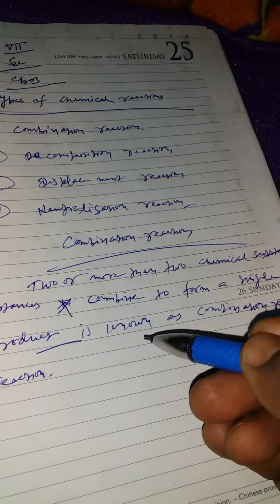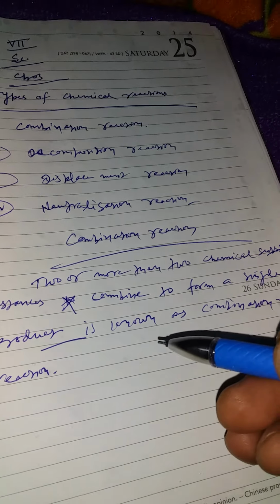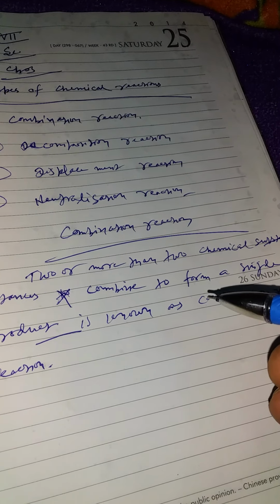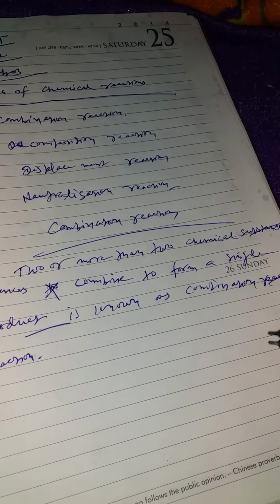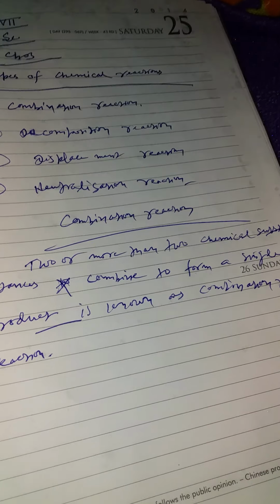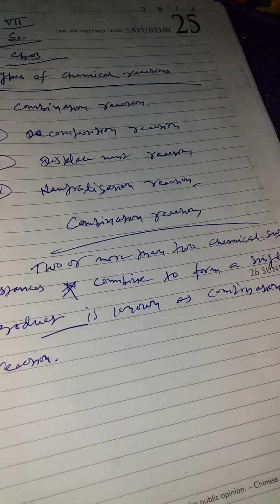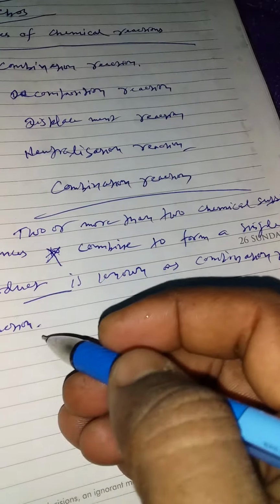Combination means in reactant side two or more than two substances, and in product side only one substance is formed, and such type of chemical reaction is called combination reaction.